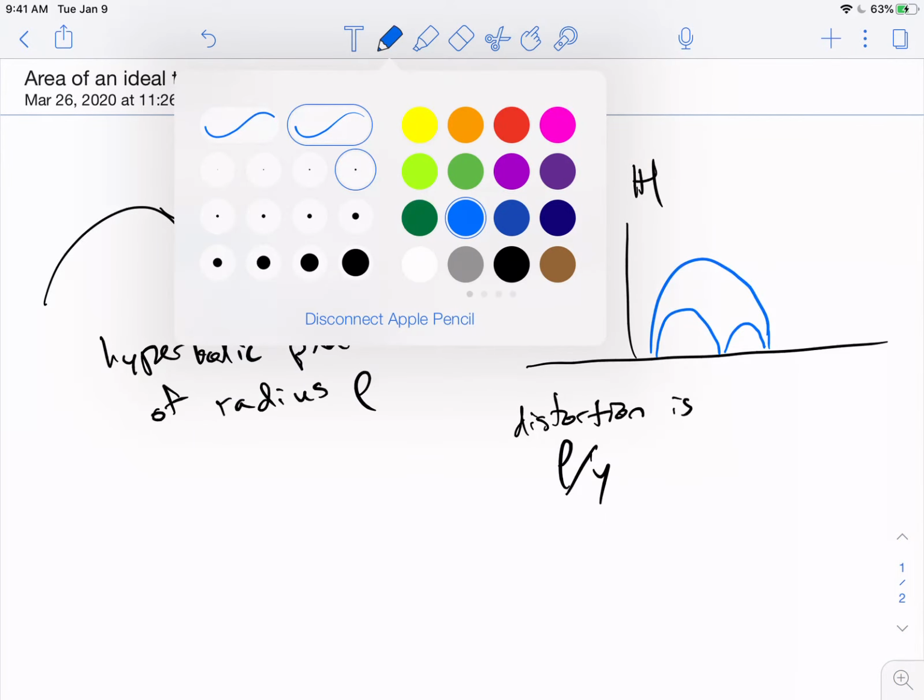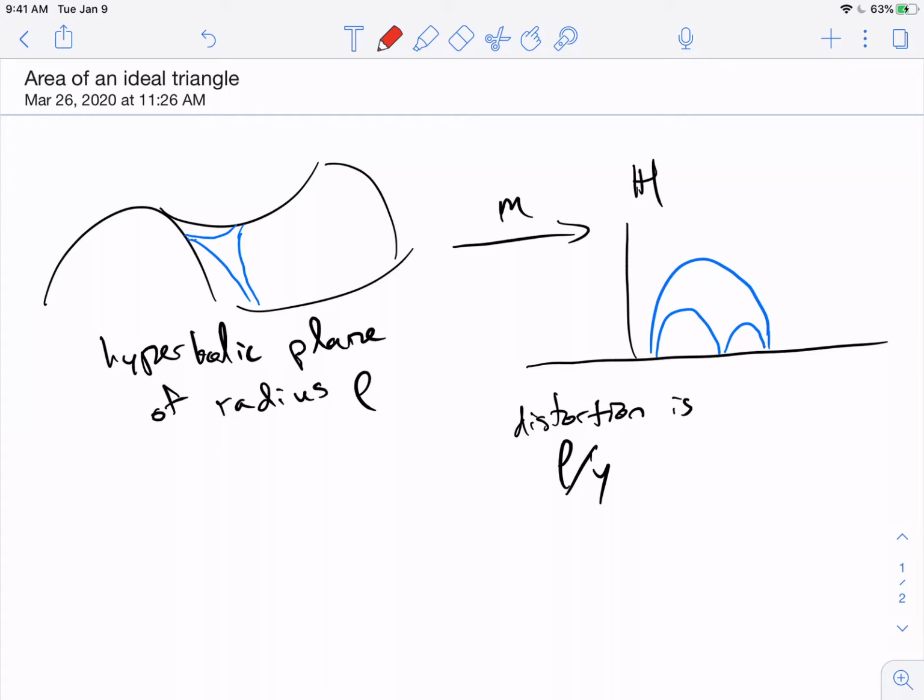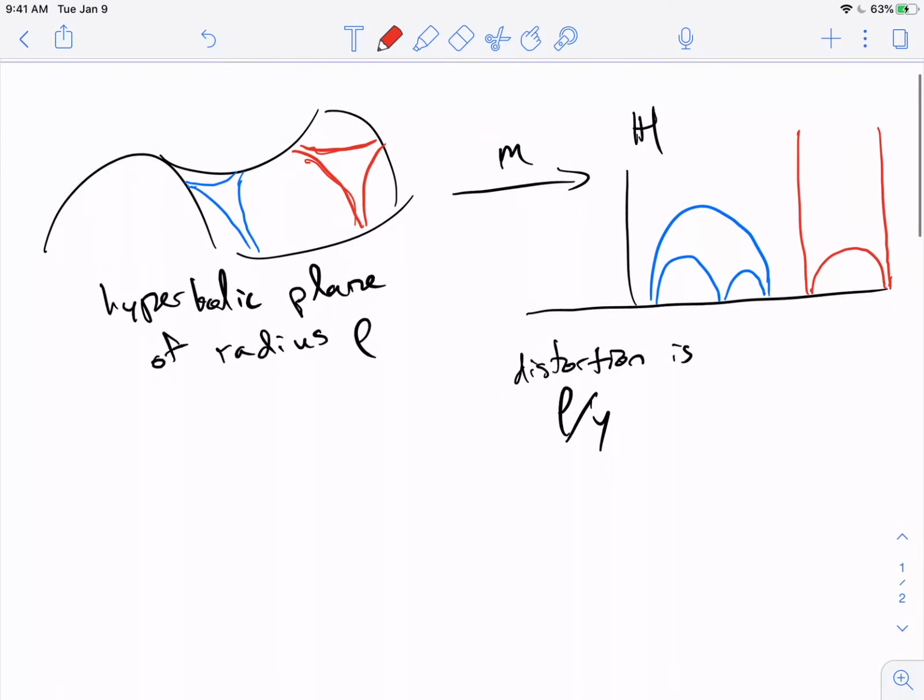And when I map them to H, some of them look like this, and then others maybe have vertical lines as two of their geodesics, just depending on where certain geodesics here get mapped to under this map M. Okay, but this picture is a little bit misleading because actually, like I said before, there's an isometry between these two ideal triangles, and you can prove that if you want. It takes a few steps of work.